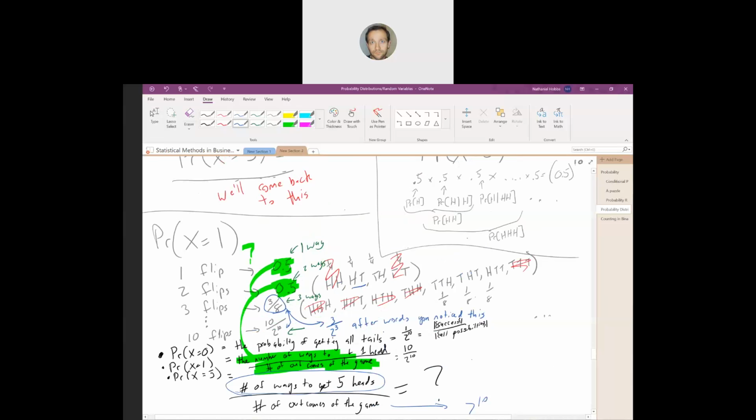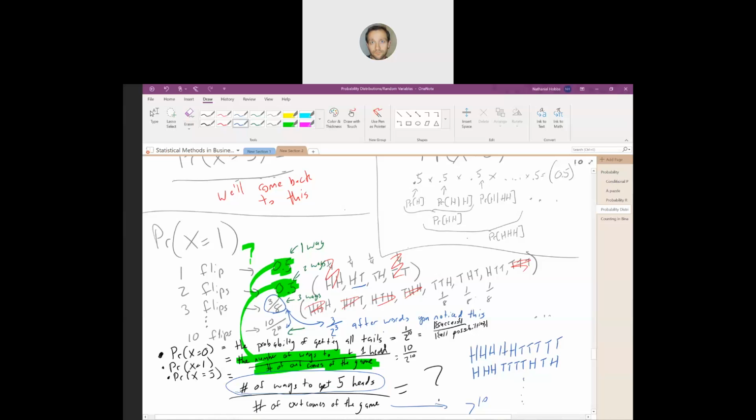I could get them all in the beginning, and then get all tails, or I could have 3 streaks and then a bunch of tails and then another heads and then a tails, and then I happen to get one at the end. And as you might imagine, there's a lot of these. They would be hard to write out by hand. Nobody would want to do that.